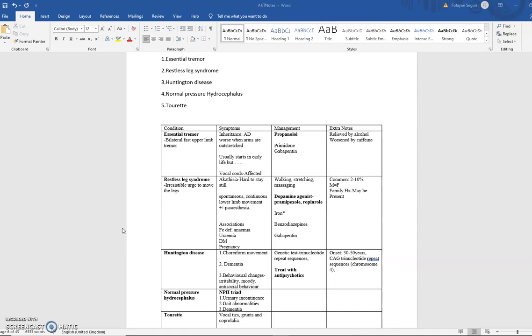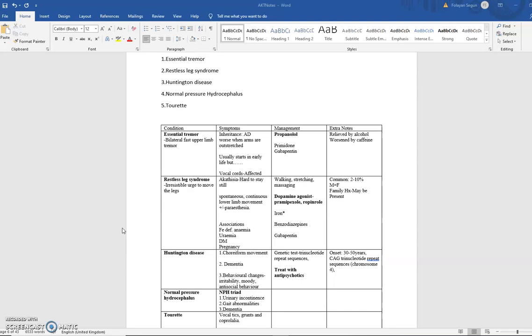Although this condition can occur at any age, it usually starts in early life. Sometimes the voice might be affected because the vocal cords could be affected. So the treatment is propranolol. Other medications are primidone and gabapentin.